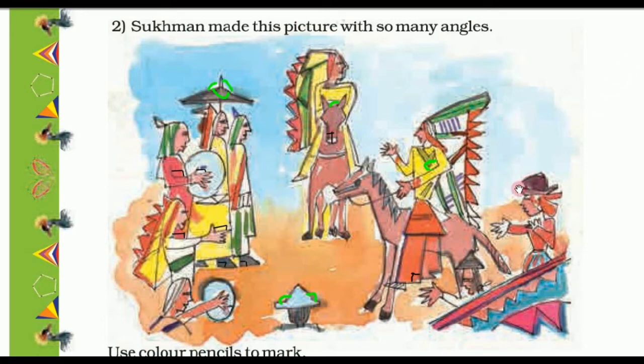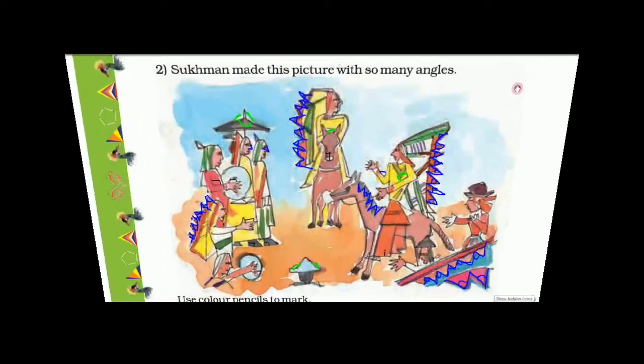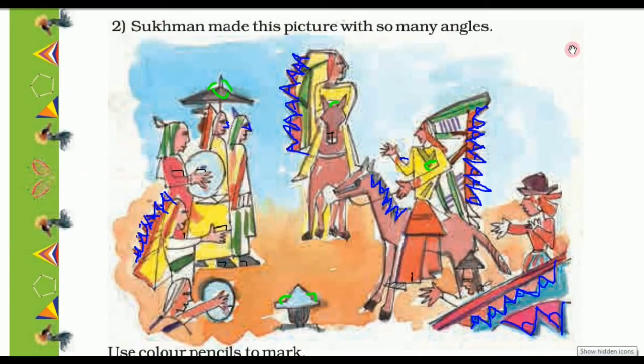Okay, now let's find out less than a right angle and mark them with blue. So children, let's find out less than a right angle. There are so many less than a right angle in this picture, and we will mark them with blue color.